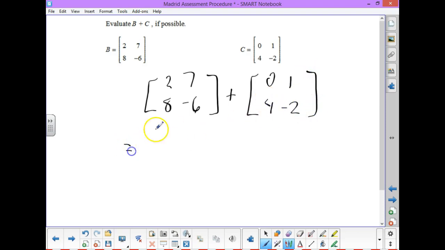Now those of you guys taking really good notes, make sure that if you are going to add matrices, they have the same amount of rows, 2 and 2, and the same amount of columns, 2 and 2. If there's not a match, you cannot do so. So here we're going to have 2 plus 0, 2, 7 plus 1 is 8, 8 plus 4 is 12, negative 6 plus negative 2 is negative 8. And that takes care of that.